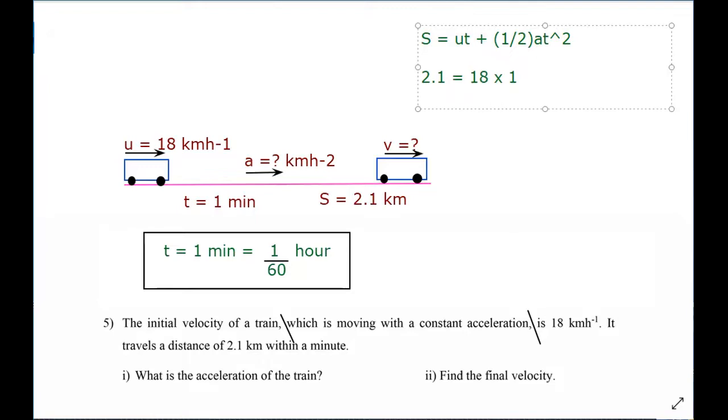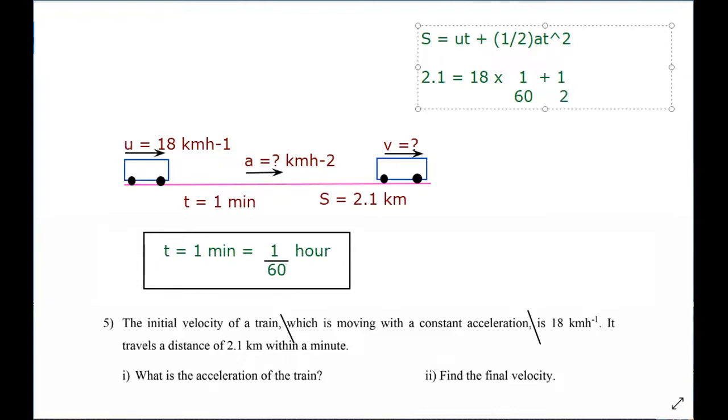Do not forget it. Do not keep kilometers and minutes. It's something like a bull and a donkey. So if you use kilometers, use hours. Then half into half.